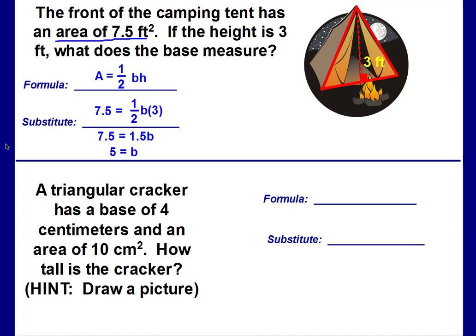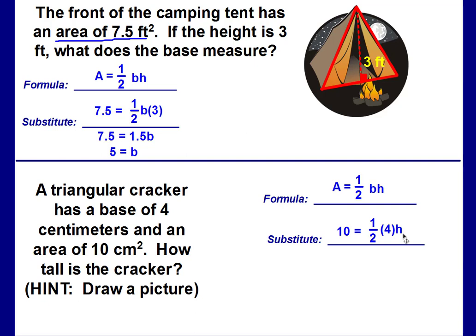A triangular cracker has a base of 4 centimeters and an area of 10 centimeters squared. How tall is the cracker? If you need to, draw a picture. Draw a triangle. Our formula, area equals 1/2 base times height. Substitute. We know the area, it's 10, equals 1/2. We know the base is 4.